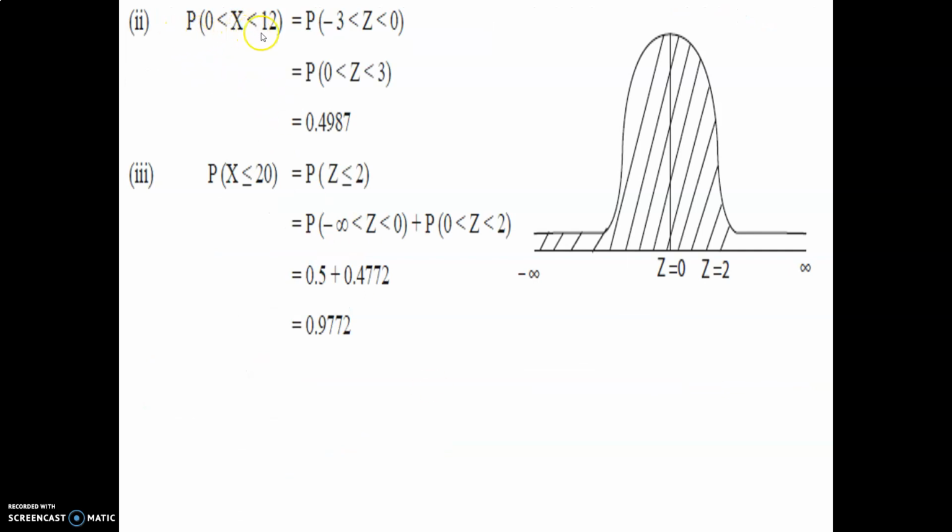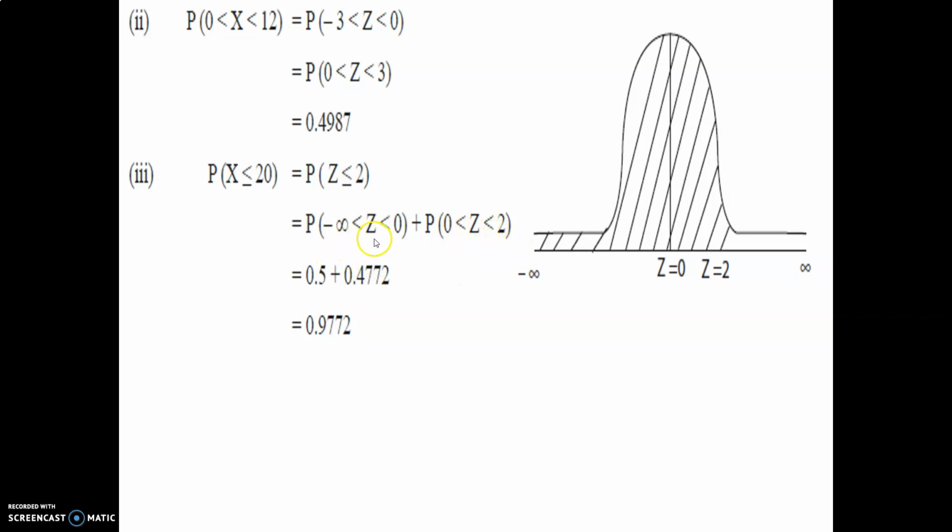Second, P(0 less than x less than 12) is P(minus 3 less than Z less than 0). We take the reverse way, 0 less than Z less than 3, which is exactly 0.4987. Third, P(x less than or equal to 20), that is Z equal to 2: P(minus infinity less than Z less than 0) plus P(0 less than Z less than 2).